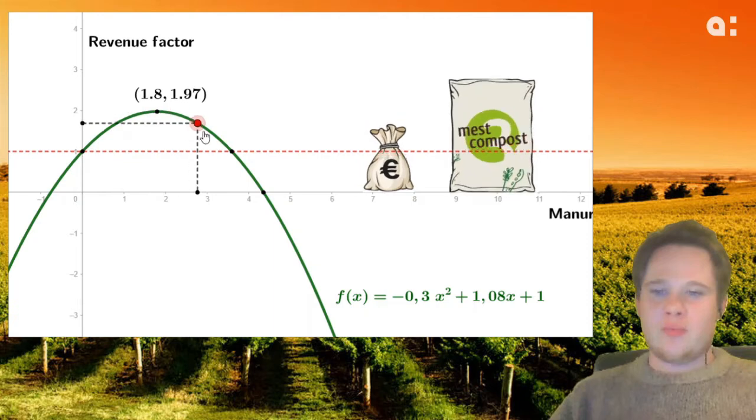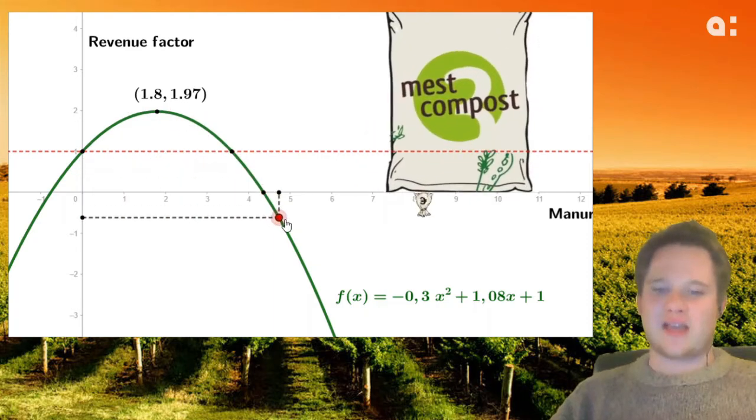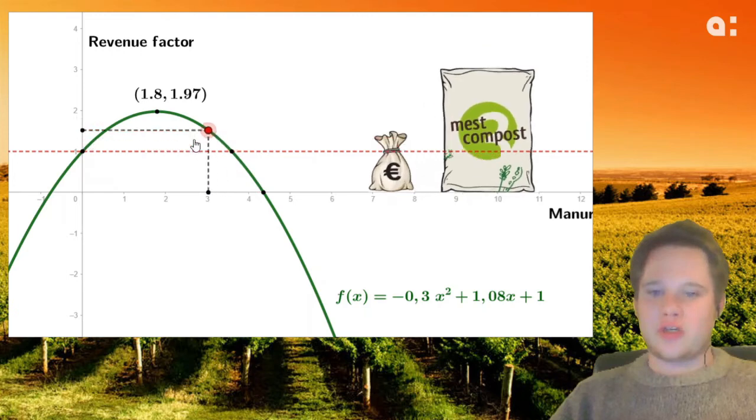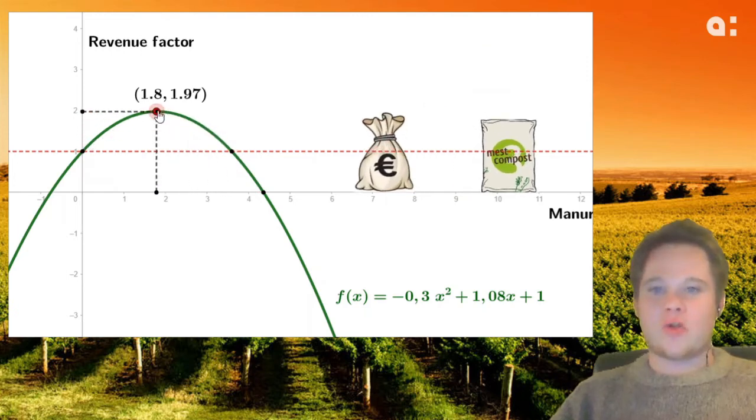If we go deeper on the graph and exceed the x-axis, you can see that the amount of revenue is even below 0. The ideal situation is still the vertex with 1.8 tons per hectare. So, Valère, use 1.8 tons per hectare and you have the greatest revenue.